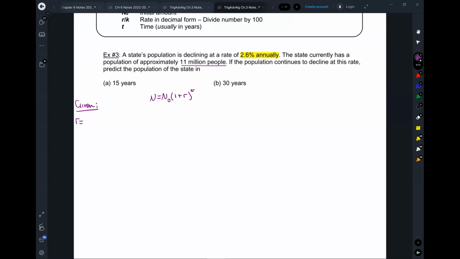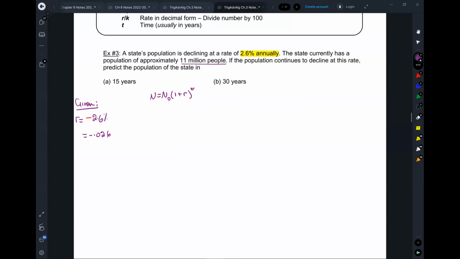But because it's declining, it's negative 2.6%, which is negative 0.026. What are we given? We're given the initial number of people, N naught, is 11 million. How much is the time for this one? 15 years. So we want the final amount, which is N.